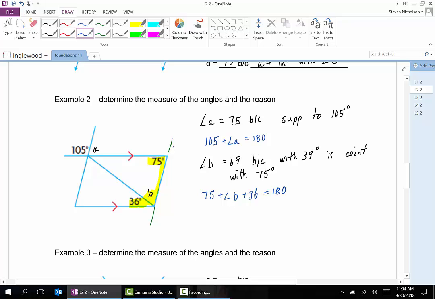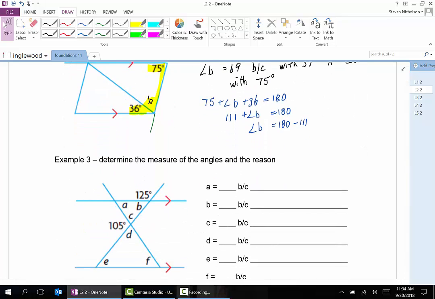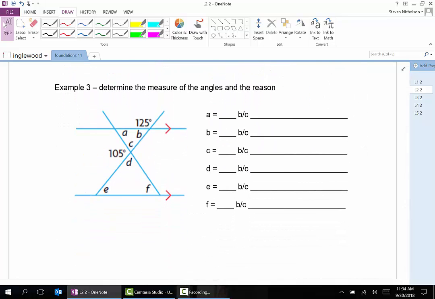And then we can go ahead and solve that. We'd end up with 111 plus angle B is 180, and angle B is equal to 180 minus 111, which is 69.